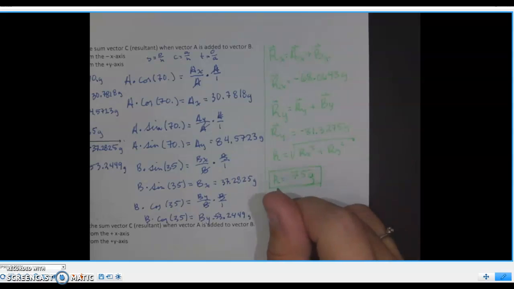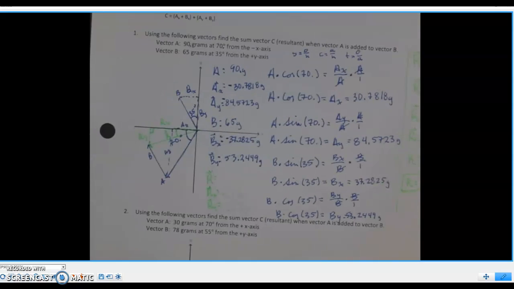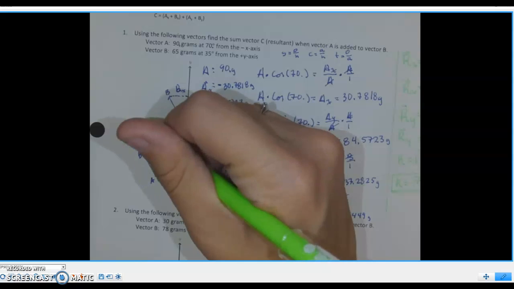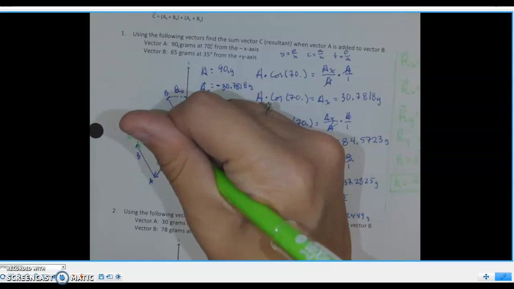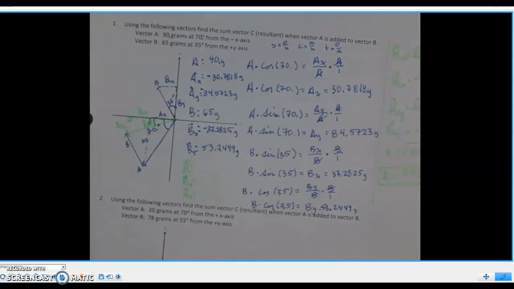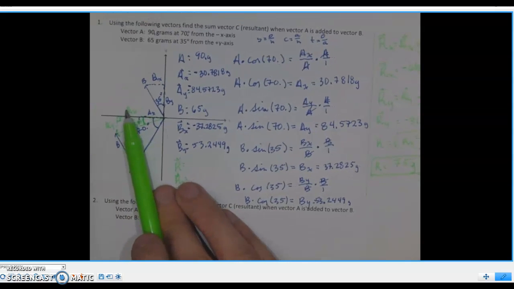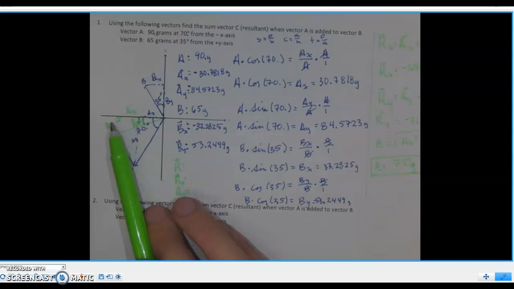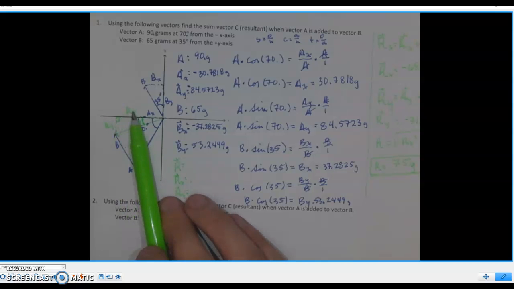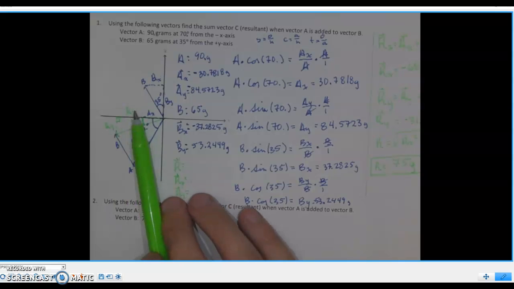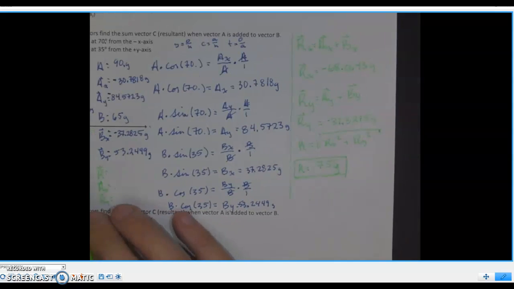But it's a vector, so I need the direction component as well. I need to solve for this angle. I need to say what theta is. I know this and I know that, right? I just solved for my hypotenuse as well, but let's use these two values. Tangent would be opposite over adjacent, right?